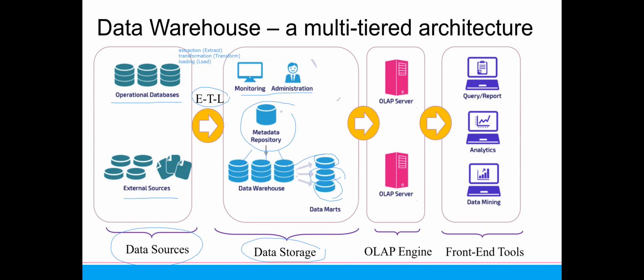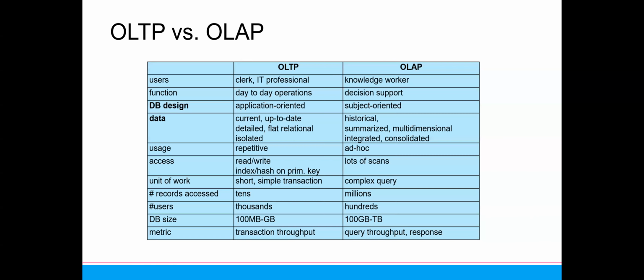This data storage will go to the OLAP engine, online analytical processing, because we need to process the data before we make the report, before we make the query, before we do the analysis, before we do the data mining. Okay, this is the data warehouse environment.